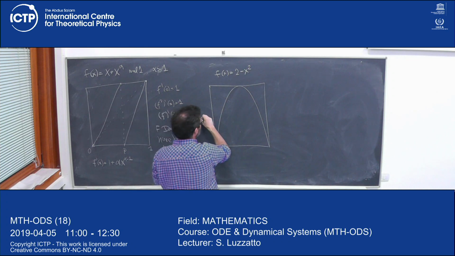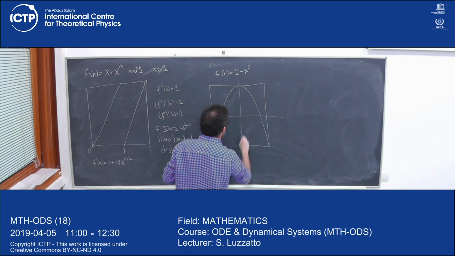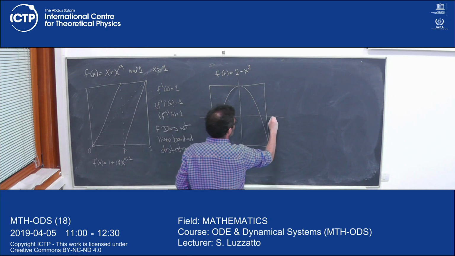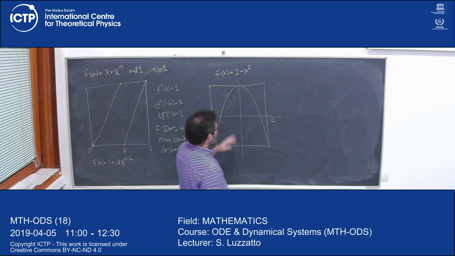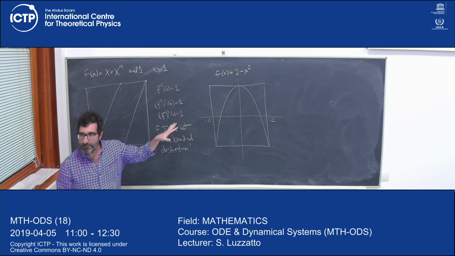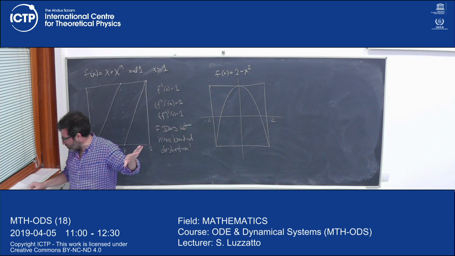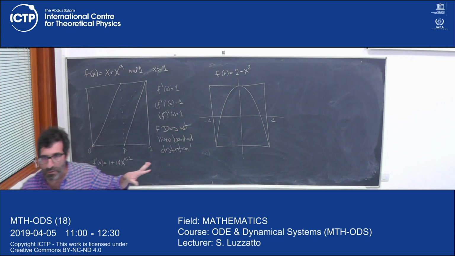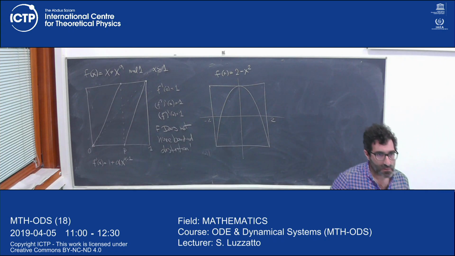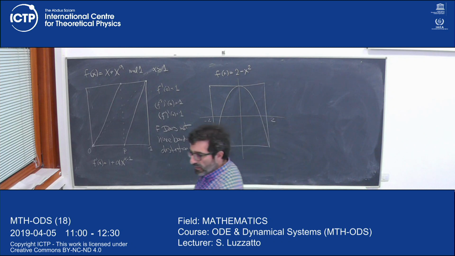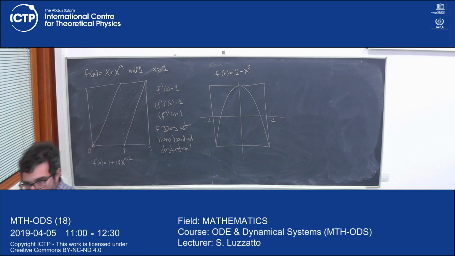So this is actually a map between minus 2 and 2, but it's the same. So this is also full branch. And do you remember what we showed about this map? We proved that it is smoothly conjugate to the tent map.